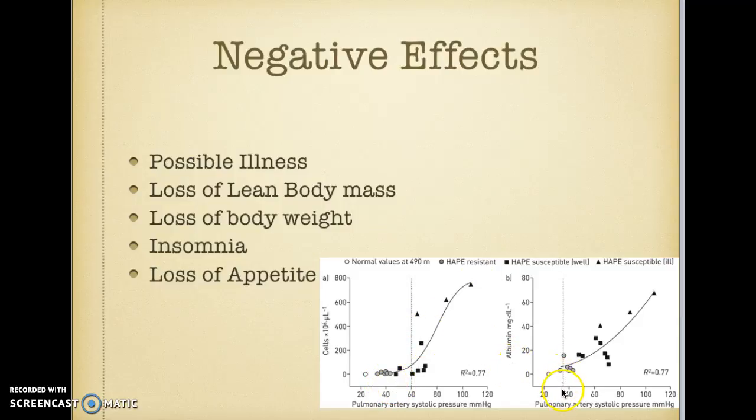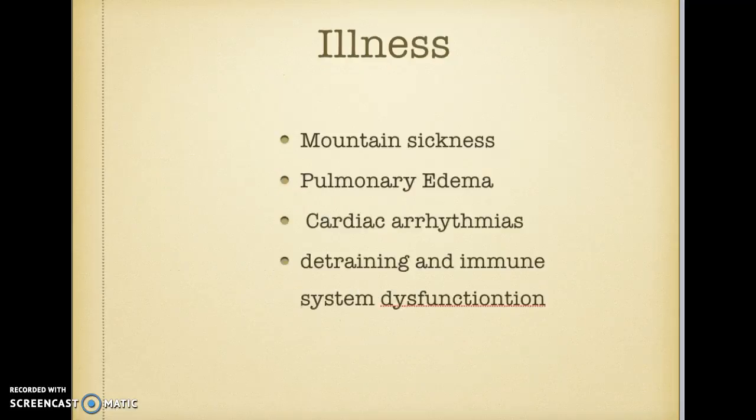And also the albumin levels, as those increase, the systolic pressure also increases. So that can cause problems, of course, with your health. So you want to be very careful of that.